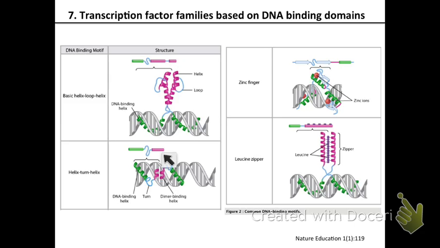You can have other DNA binding domain structures where you have a helix-turn-helix structure recognizing the sequences. This is an interesting family of transcription factors. They have zinc fingers, and these zinc fingers can sit in the DNA and recognize a few sequences at a time.